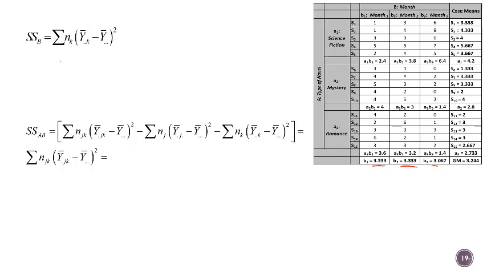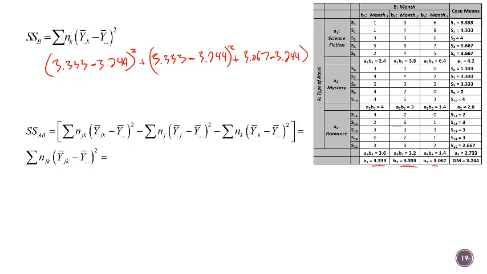So we're talking about 3.333 minus 3.244 squared, plus another 3.333 minus 3.244 squared, plus, and the last one is 3.067 minus 3.244.